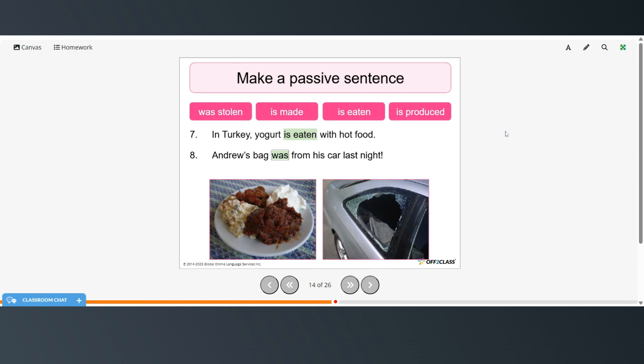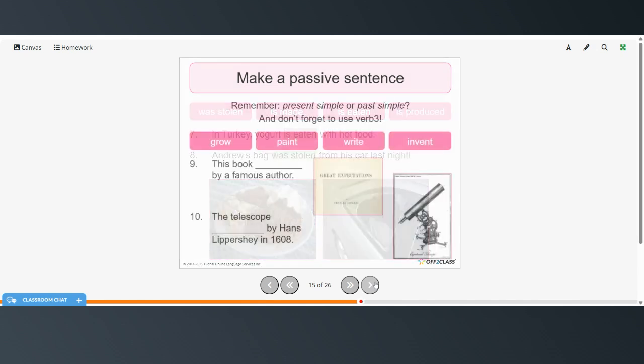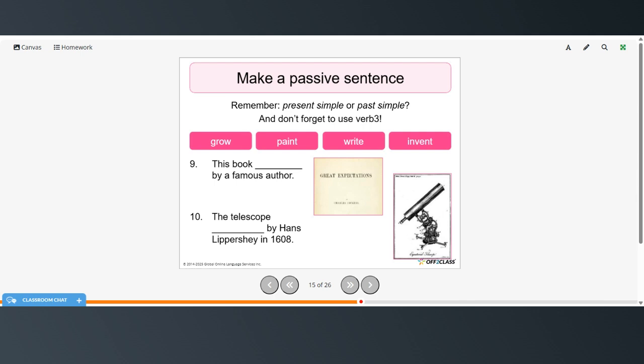Andrew's bag was stolen from his car last night. Okay, remember that present simple or past simple, and don't forget to use the third form of the verb when you make the passive sentences for these.